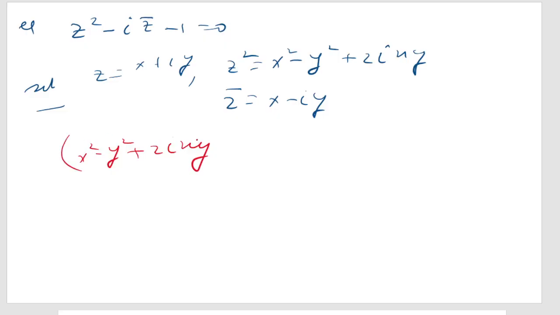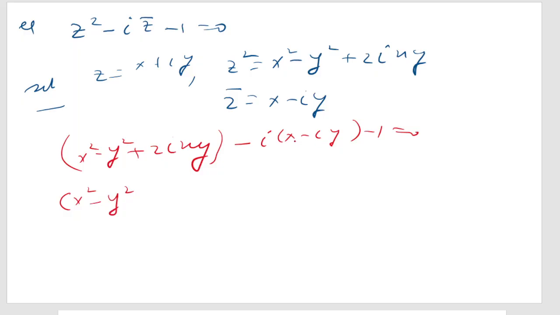This is the z square part, minus i times z bar. z bar means x minus iy, minus 1, equals 0. So now we'll write the real and imaginary parts, and then we compare. So what is the real part? x square minus y square, and here minus i times x minus iy, so it will multiply.